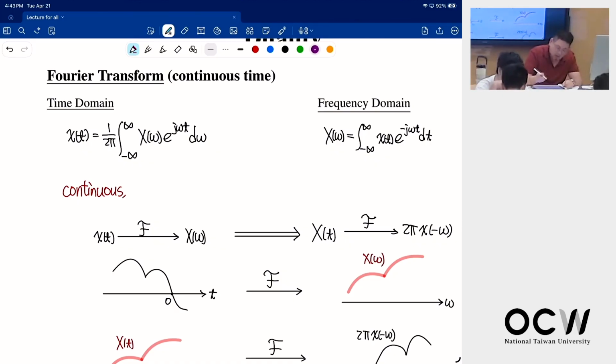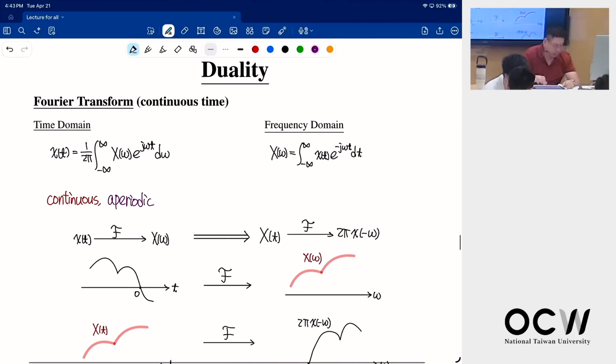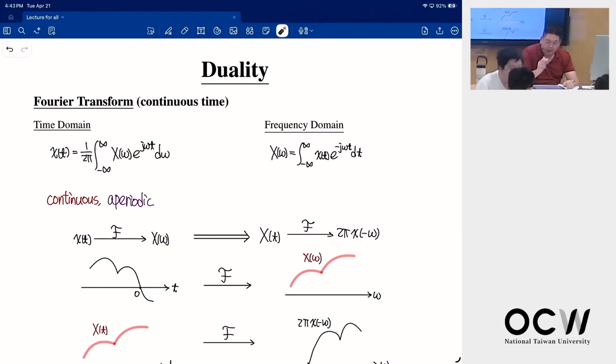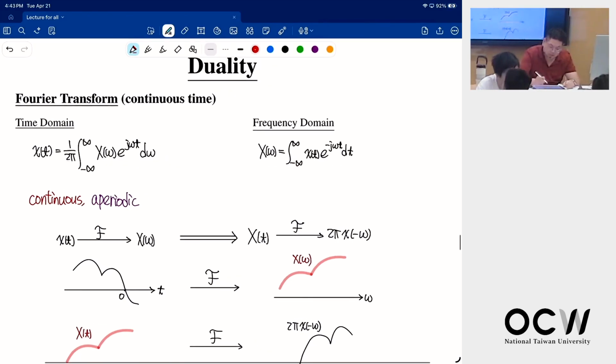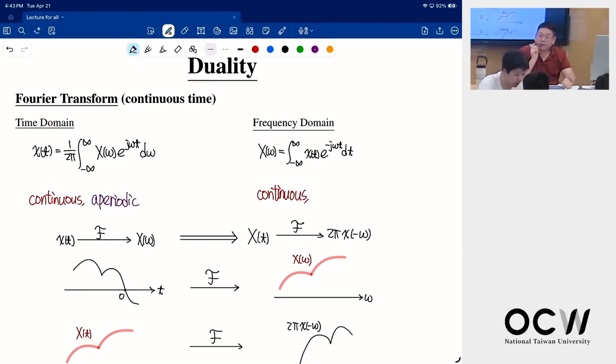So the signal is aperiodic because it's a Fourier transform. Then when I do the Fourier transform, in frequency domain this is also continuous, right? Periodic or not periodic? This is still continuous, and aperiodic.